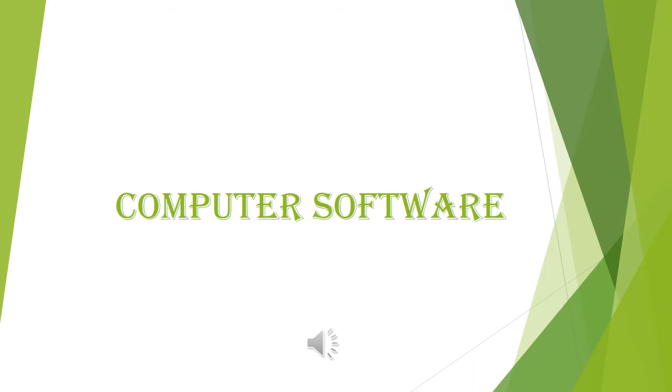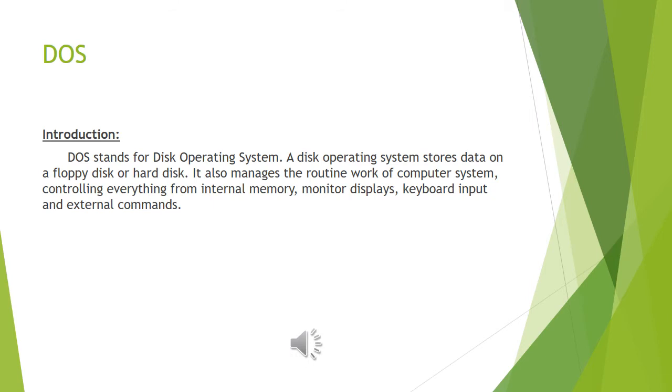Now we will continue the chapter computer software, which is chapter number 7 in your notebook. So let's discuss what is a DOS. DOS stands for Disk Operating System. A disk operating system stores data on a floppy disk or a hard disk.